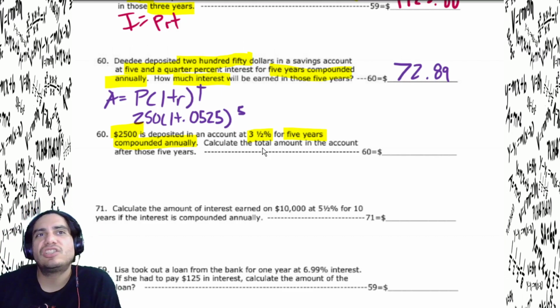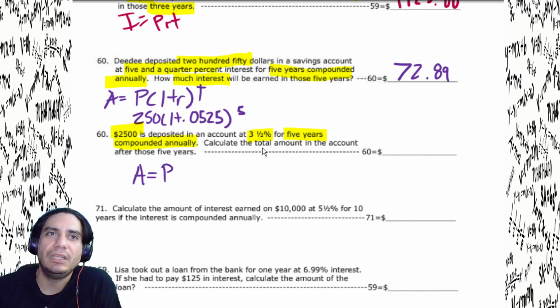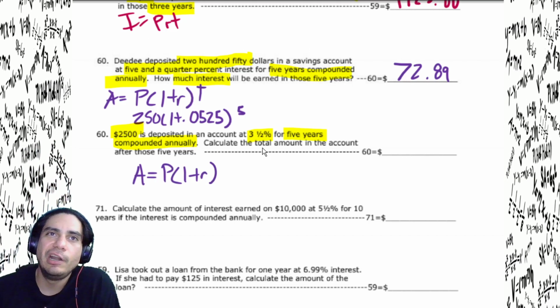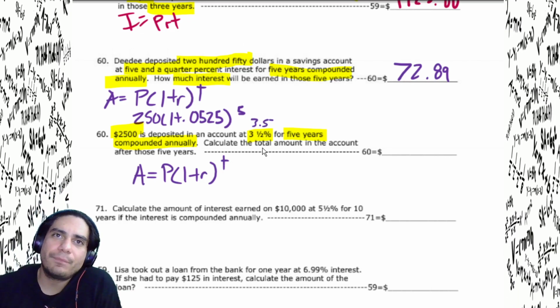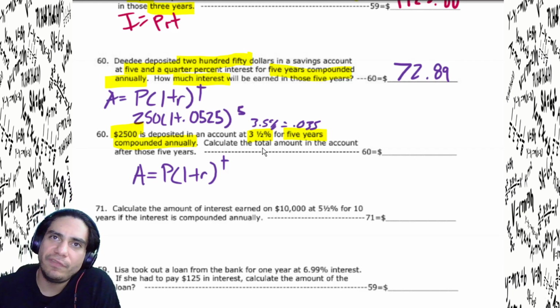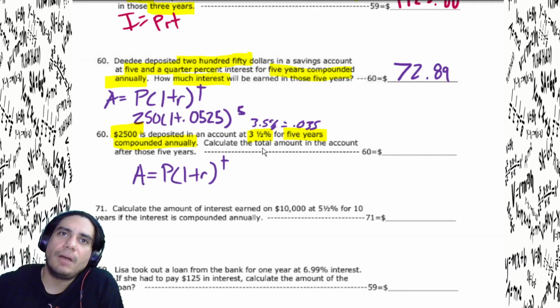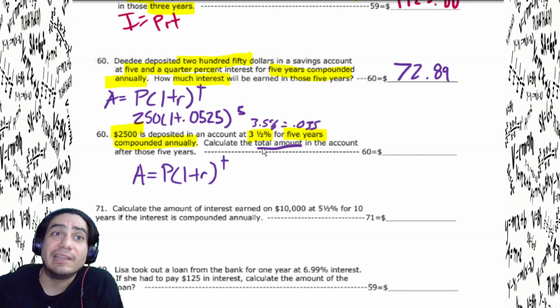All right, so we got ourselves a compounded annually problem, so we set up the formula already. A equals P, parentheses, 1 plus R to the T power. We got 3.5%, or 0.035, for 5 years compounded annually. Calculate the total amount. That's easy. We know we're subtracting at the end. Let's set it up.